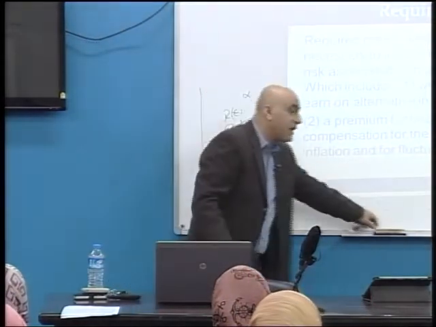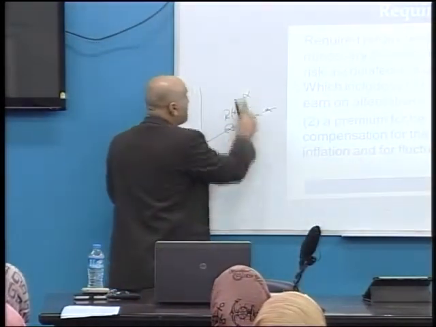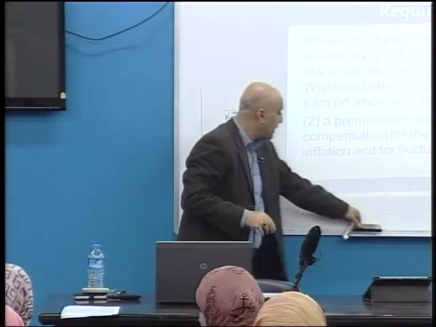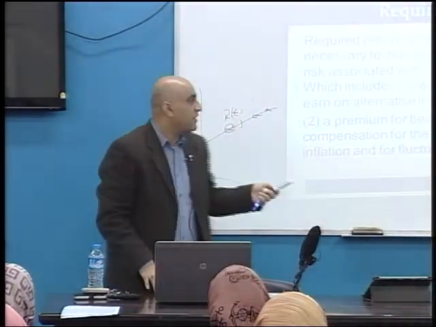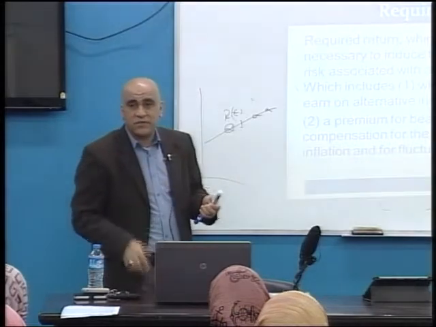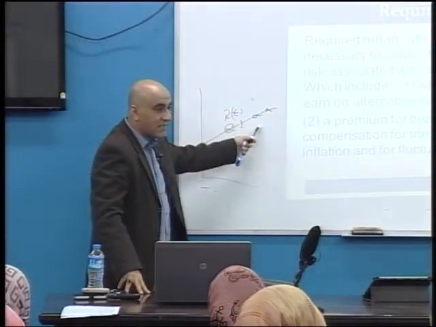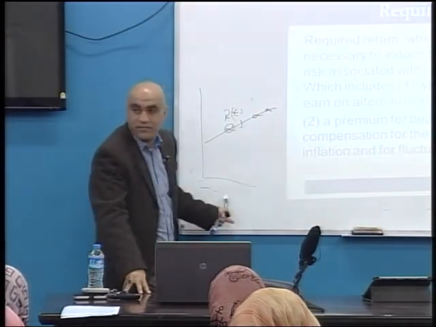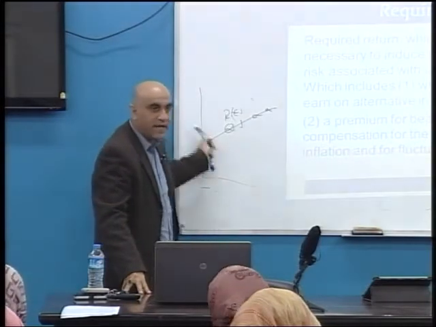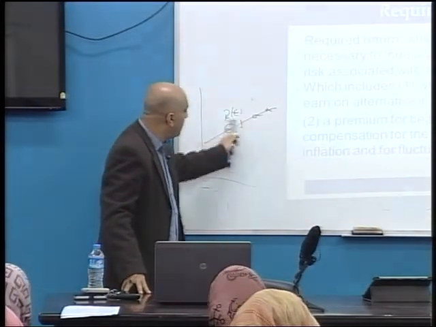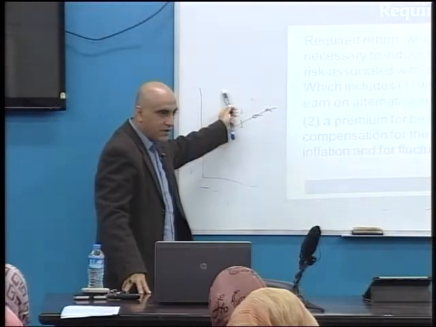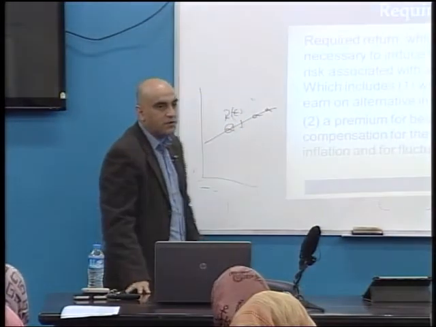I'm talking about efficient markets. So in the efficient market hypothesis, the required rate of return by investors is located on the security market line and reflects the relationship between risk and return. The more return you are acquiring, the higher risk you are holding.